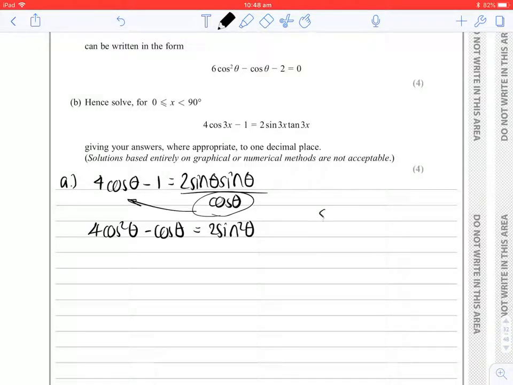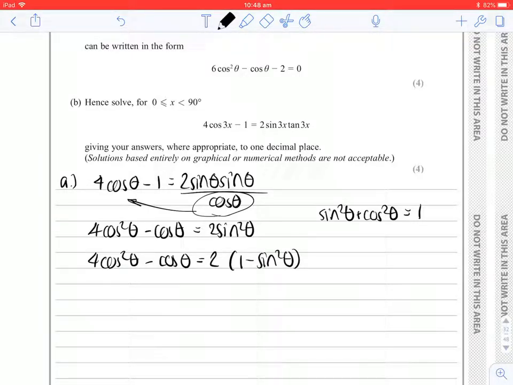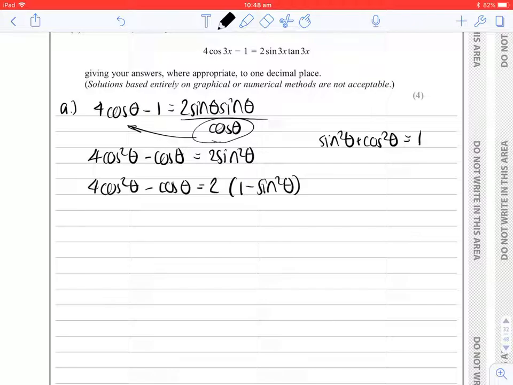Now, I know that sin squared theta add cos squared theta equals 1, so by rearranging that, we've now got 4 cos squared theta minus cos theta is 2 lots of 1 minus, not sin squared, sorry, cos squared theta.